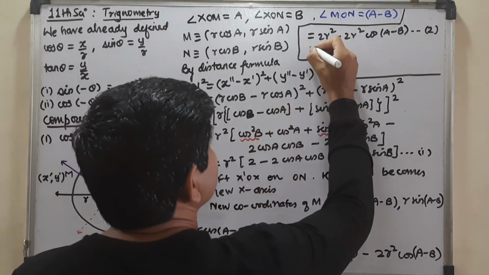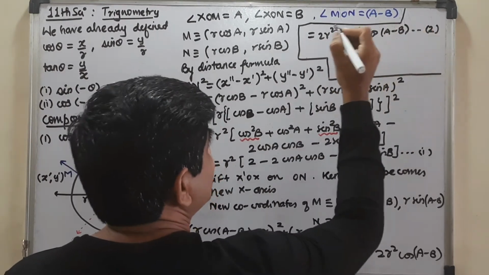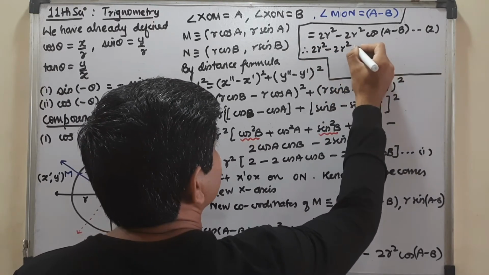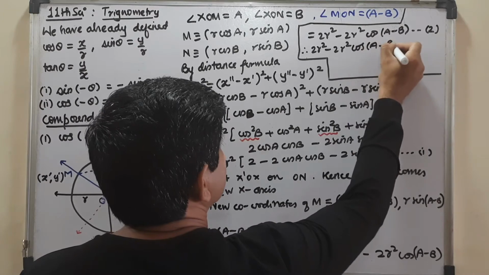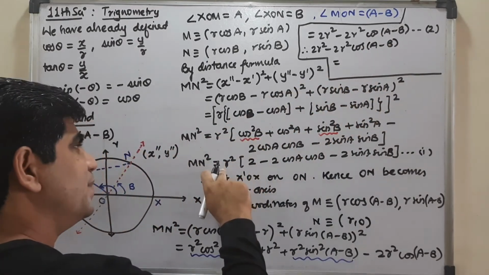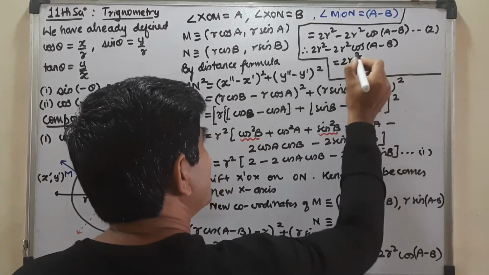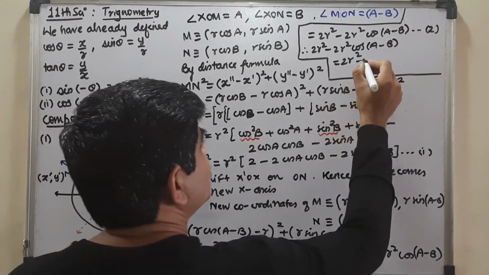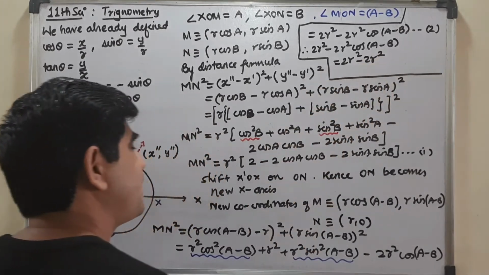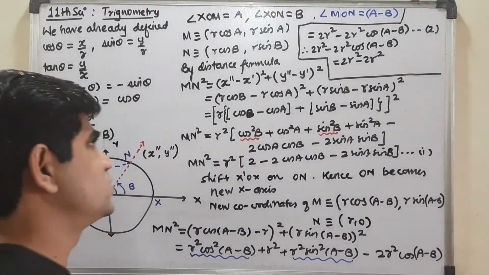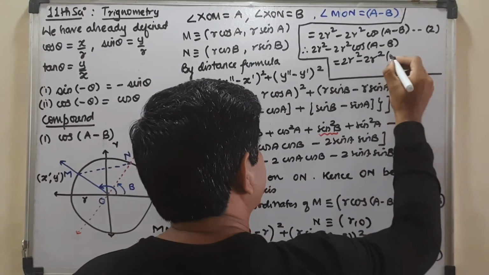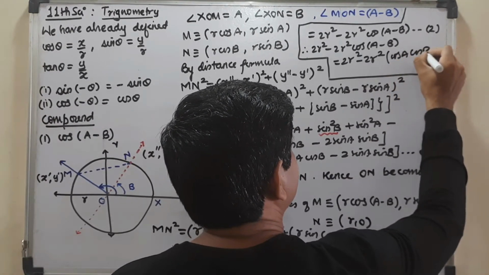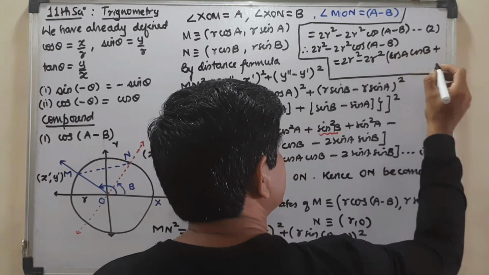That means 2r square minus 2r square cos A minus B, this is 2, is equal to 2r square minus common 2r square, bracket cos A cos B plus sin A sin B.